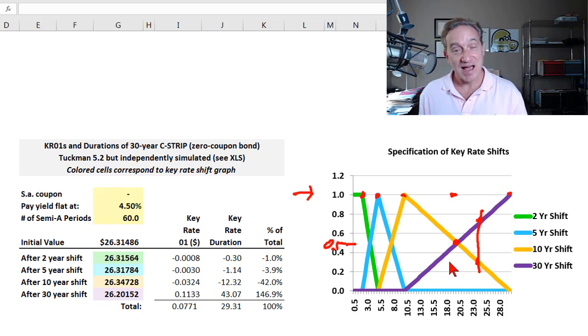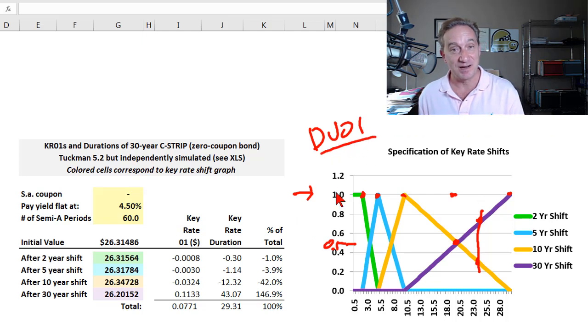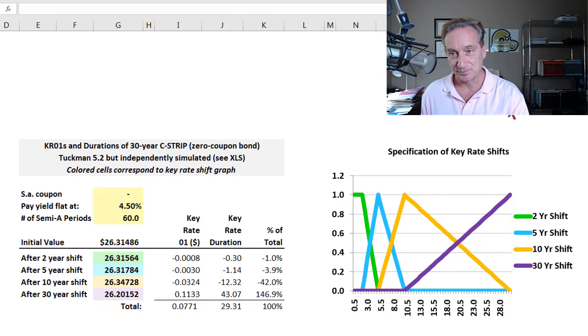So if we shifted them all simultaneously by 1 basis point, we should get the same effect as a DV01, a parallel shift of 1 basis point. But in terms of the analysis, we take them one at a time, so you can see the analysis has 4 rows, one for each key rate shift.